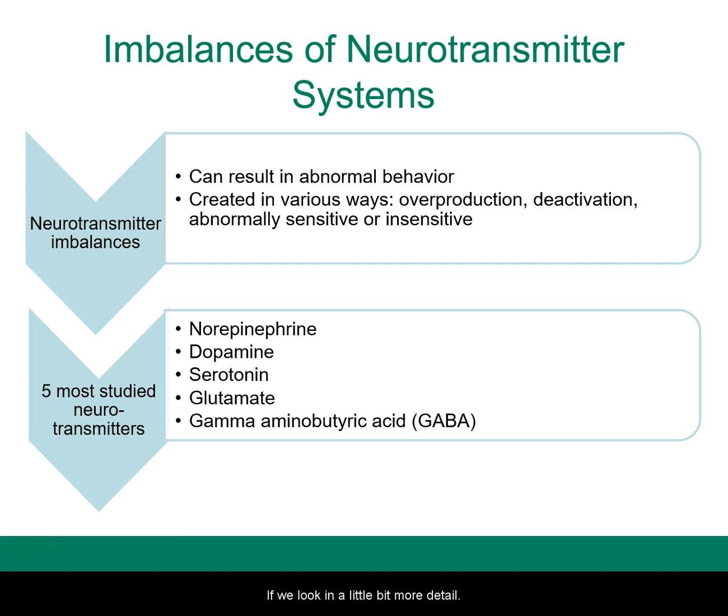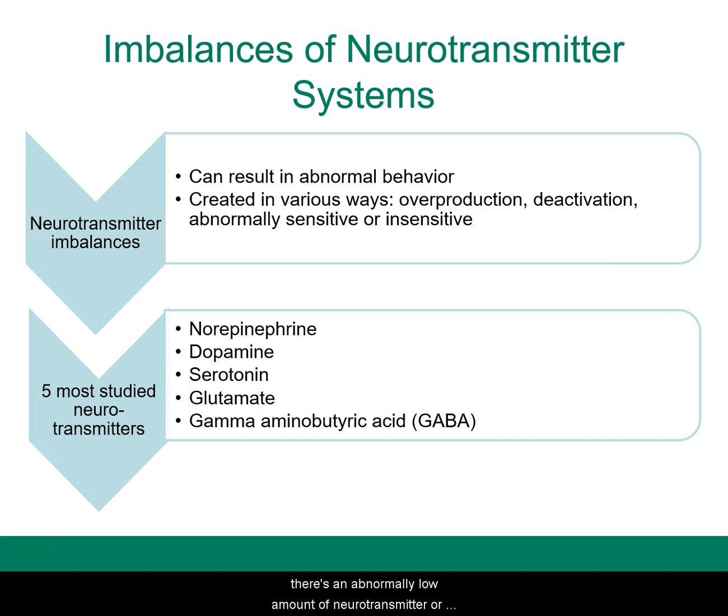If we look in a little bit more detail at the neurotransmitters involved, definitely neurotransmitters can result in abnormal behavior. It can be because of too much of a neurotransmitter, the overproduction. It can be because it's being deactivated by enzymes or something else.